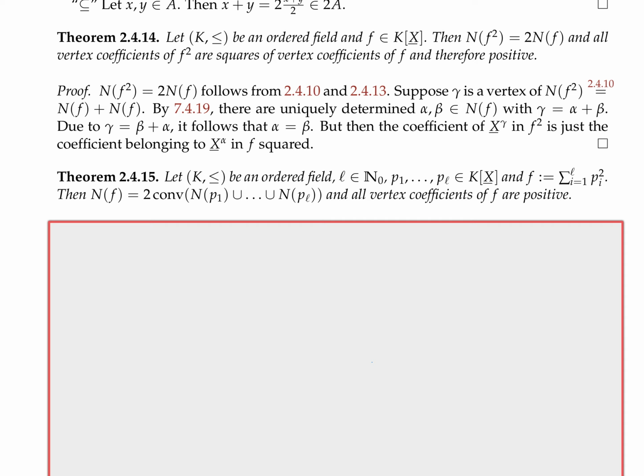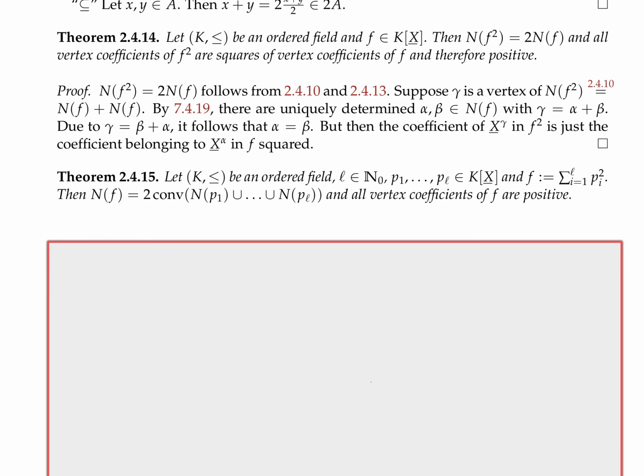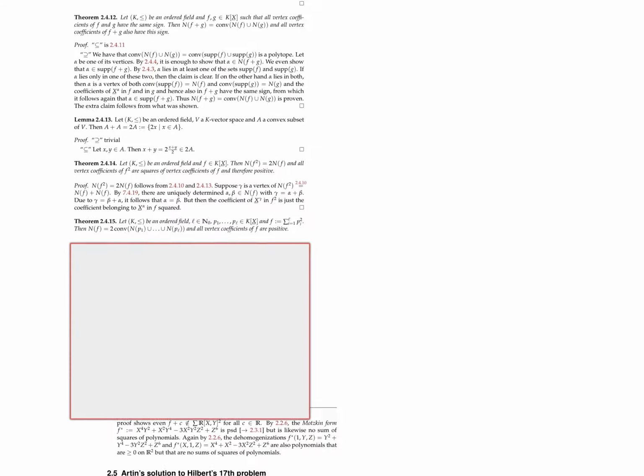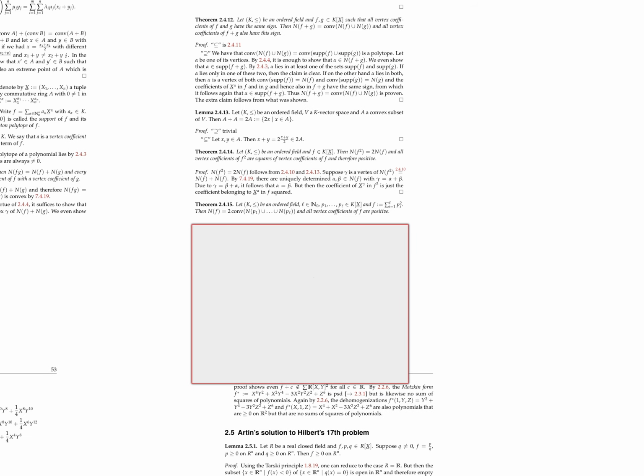Okay. Good. And I guess you could even say they are sums of squares, right? Okay, so let's prove this. So that's the thing we will actually need for our sums of squares business.